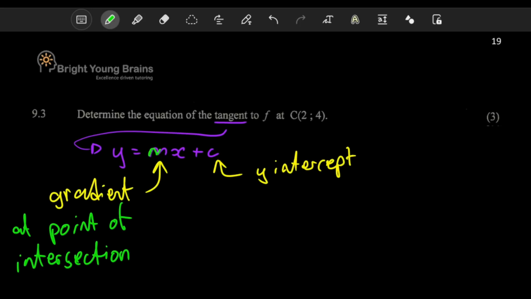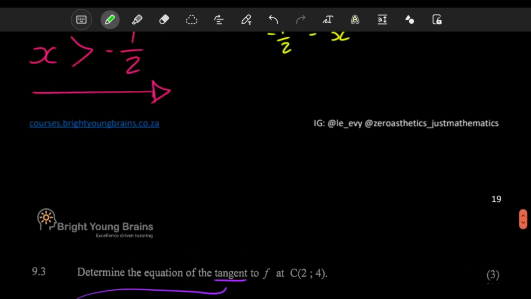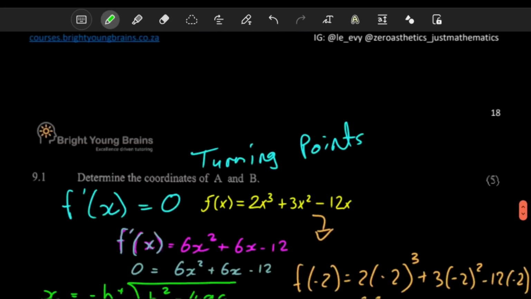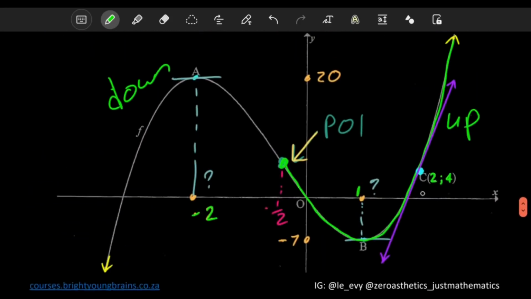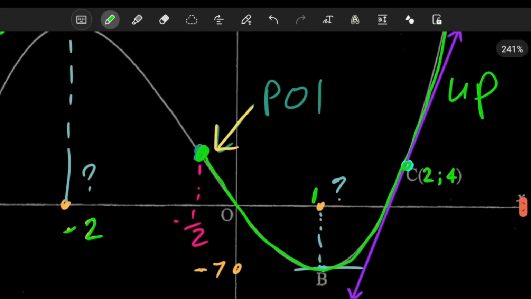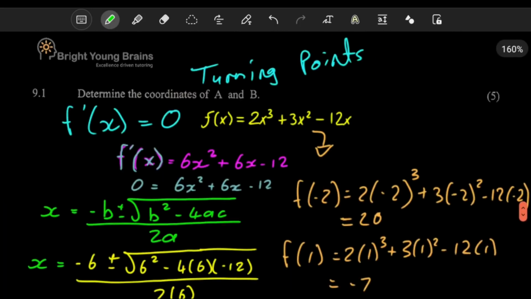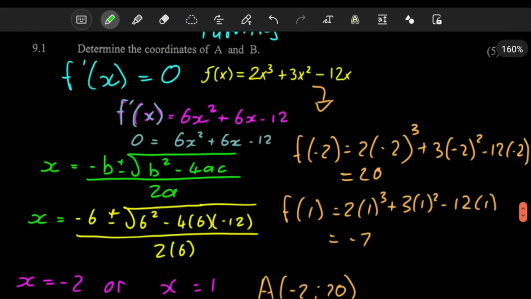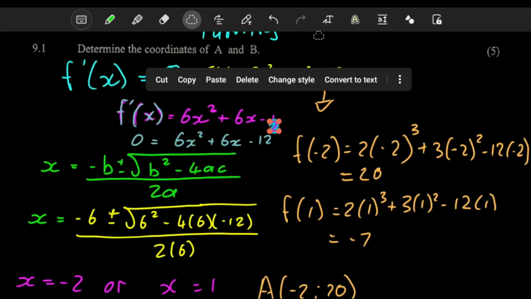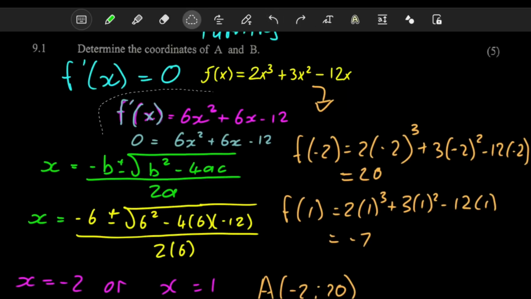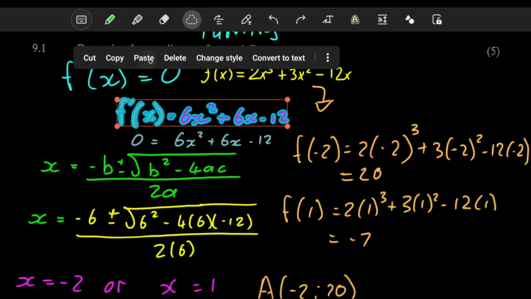So we can always get m first, because we need the gradient where x is a positive 2. We have a gradient equation for our graph. Remember the first derivative? It's just our gradient equation.